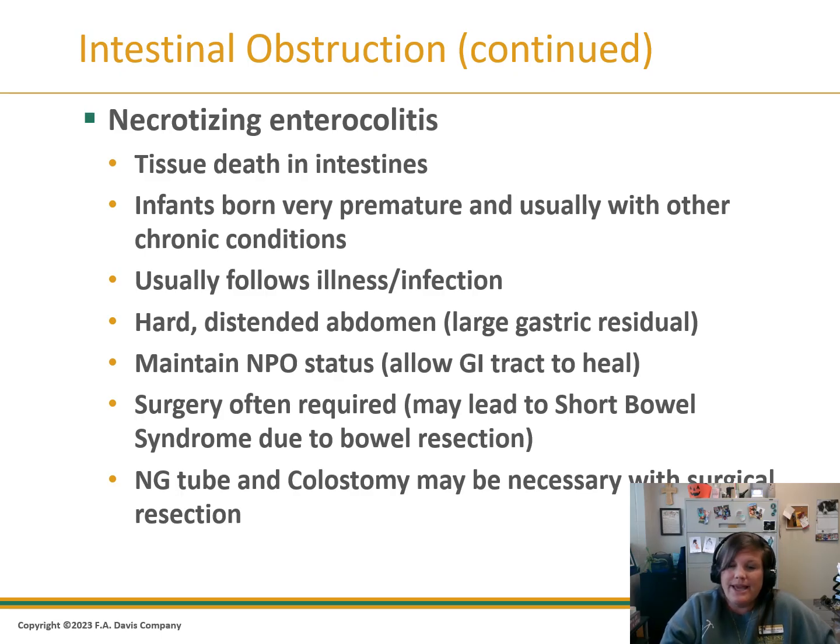These babies may need or will need an NG tube and possible colostomy when they have that surgical resection, but it's not always permanent. In many instances, it can be reversed once the body has healed. It doesn't mean that they're going to be dependent on that long term.